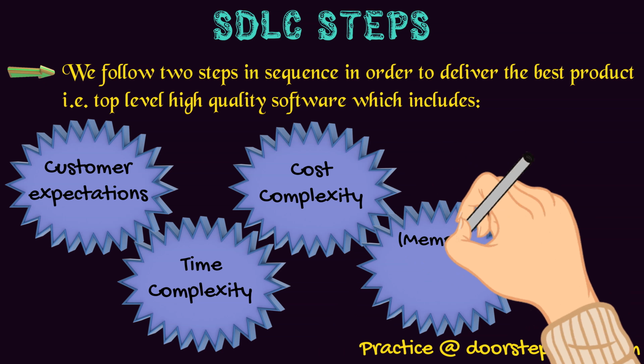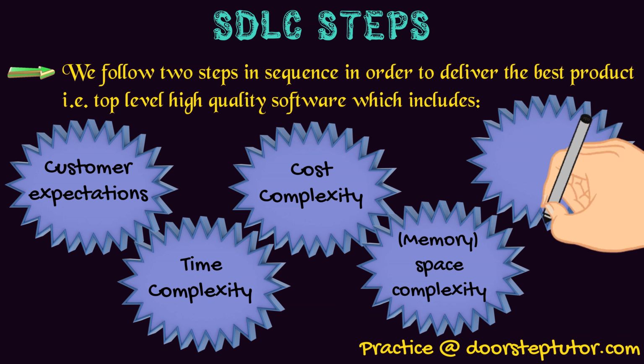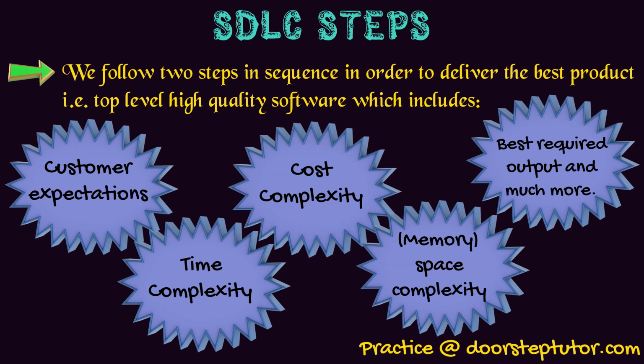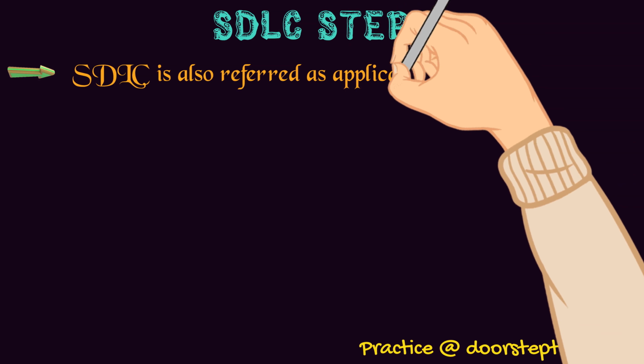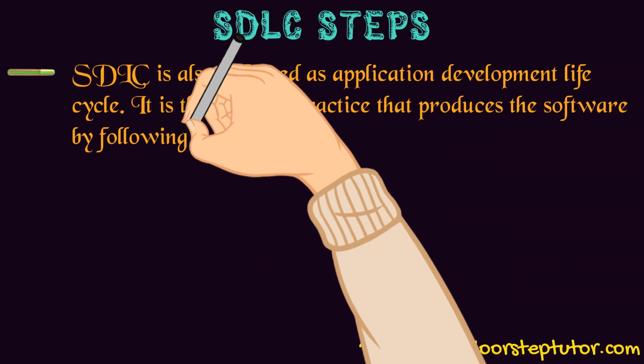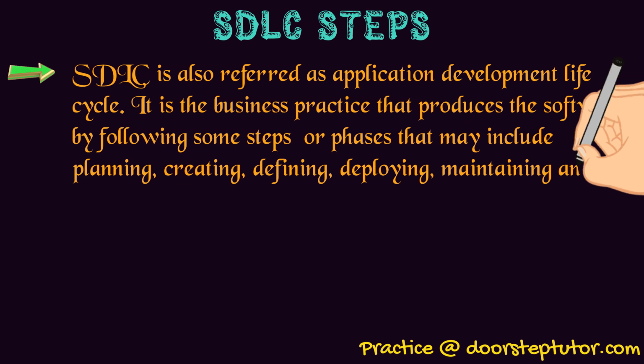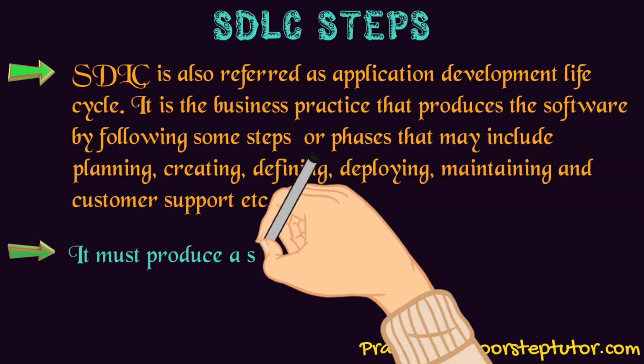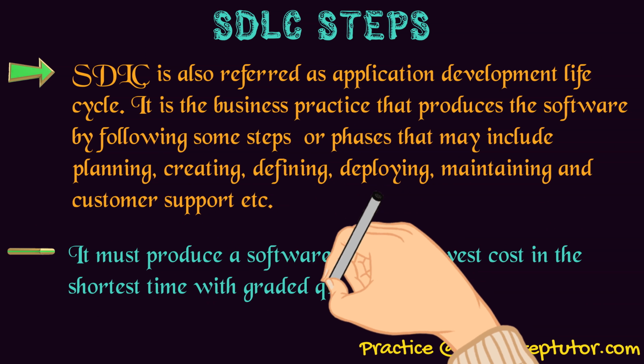Then the memory or space complexity. Then the last point is that the best required output must be produced by the system. It means that if we provide different inputs, it must not create any kind of undesired output. It must provide the desired output only on the different inputs too. So overall we can say that SDLC is also referred to as the application development cycle, which is used by various software industries or organizations.